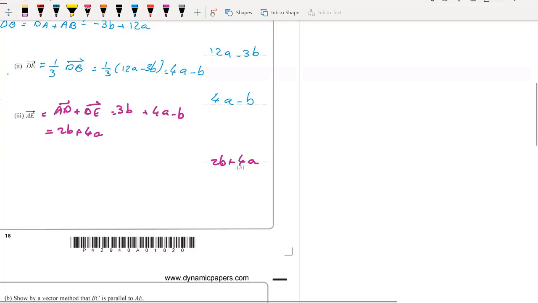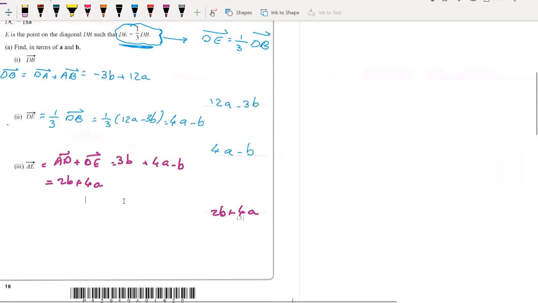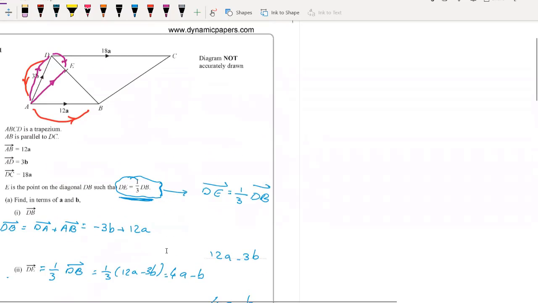Now we go to part B. Part B says, show by a vector method that BC is parallel to AE. He wants to show by a vector method that BC, let's answer by a different color. Let's use this black, for example. He wants to prove that BC vector is parallel to AE vector.